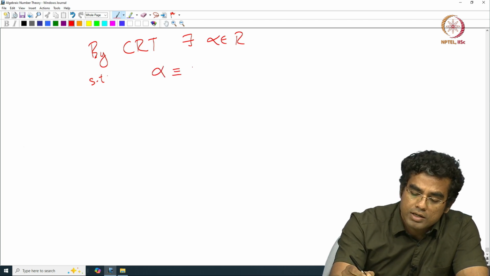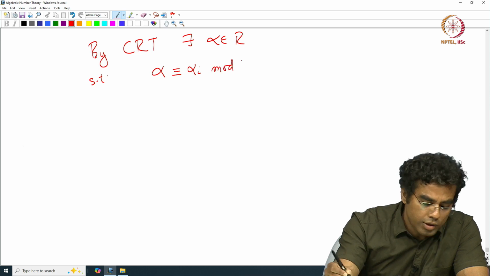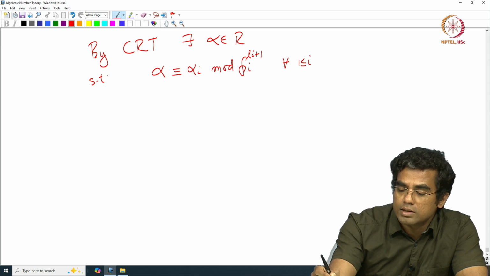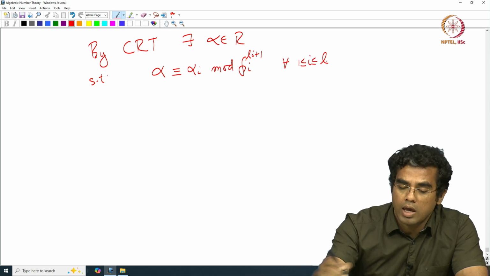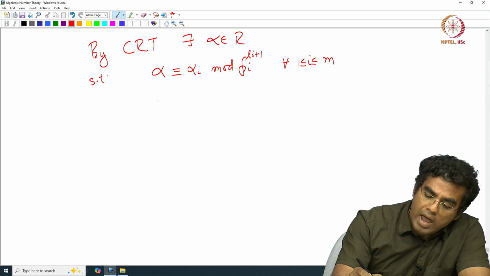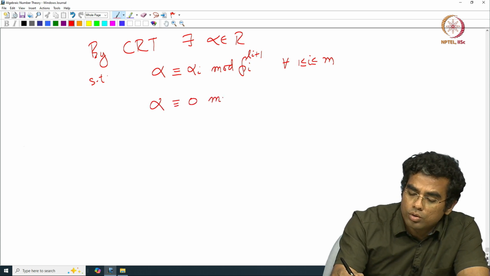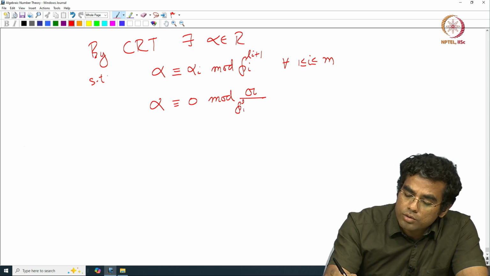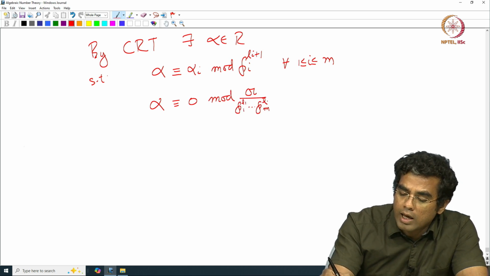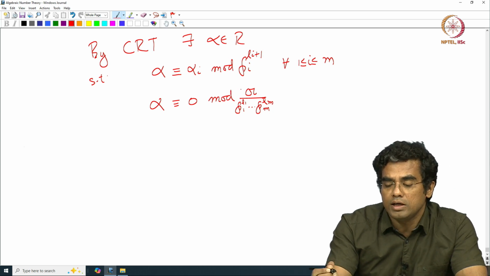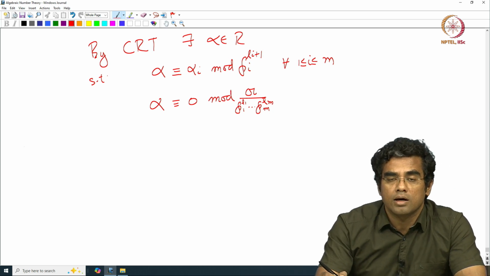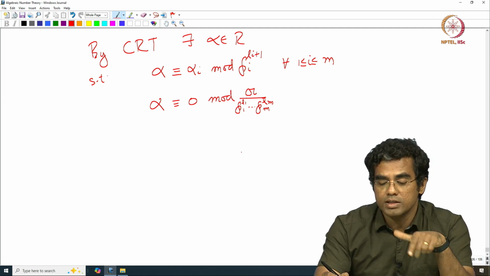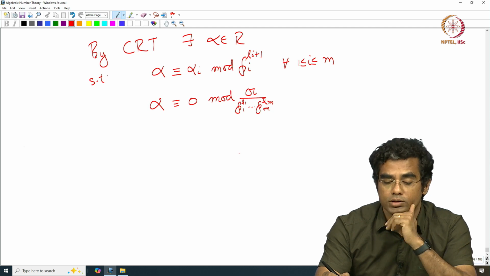So, alpha is congruent to alpha_i modulo P_i^{l_i+1} for all 1 less than or equal to i less than or equal to m, and alpha is congruent to 0 modulo A divided by P_1^{l_1} up to P_m^{l_m}. So, this is an integral ideal and all these ideals are pairwise coprime. Okay. So, by Chinese remainder theorem we can always solve this congruence.